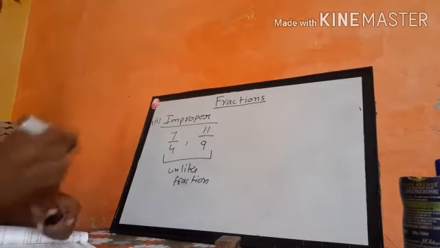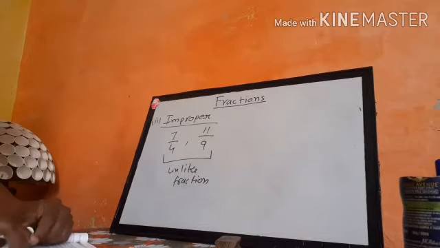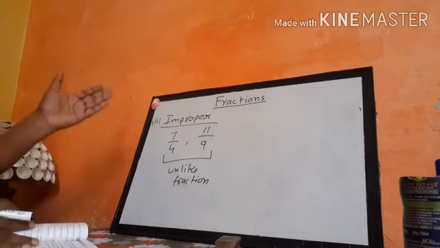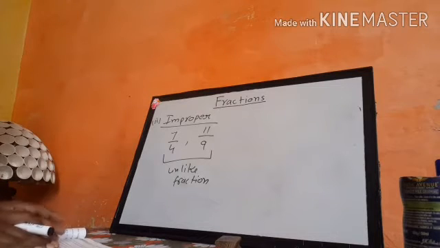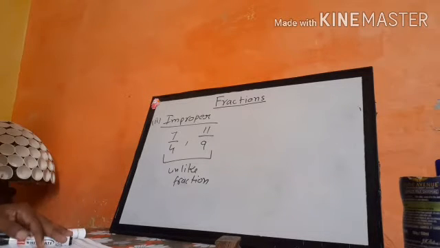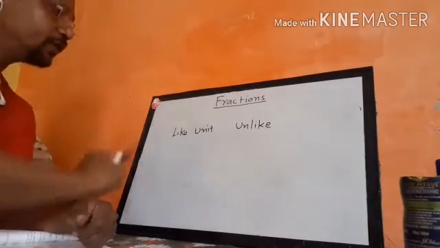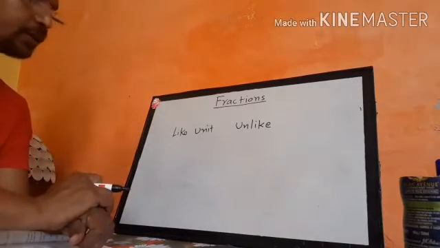So from this conversation we come to the point that the main fractions, like, unlike and unit, can be part of proper and improper. But let me summarize these things for your better understanding. These three kinds of fractions: like fractions, unit fractions and unlike fractions.